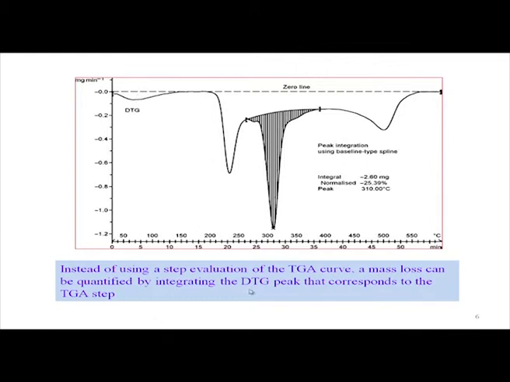By integrating the DTG peak that corresponds to the TGA step. So you have the original TGA step, and corresponding to that we have the derivative one, and the area under this derivative plot is quantified for the corresponding mass loss, which we try to correlate with your TG plot.